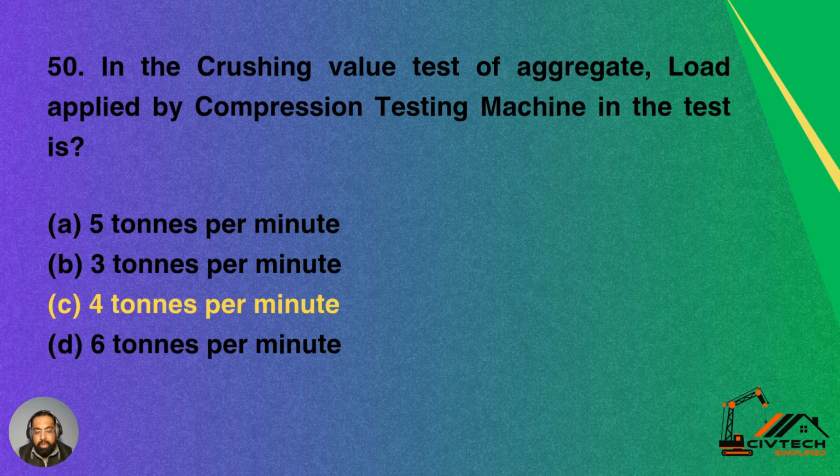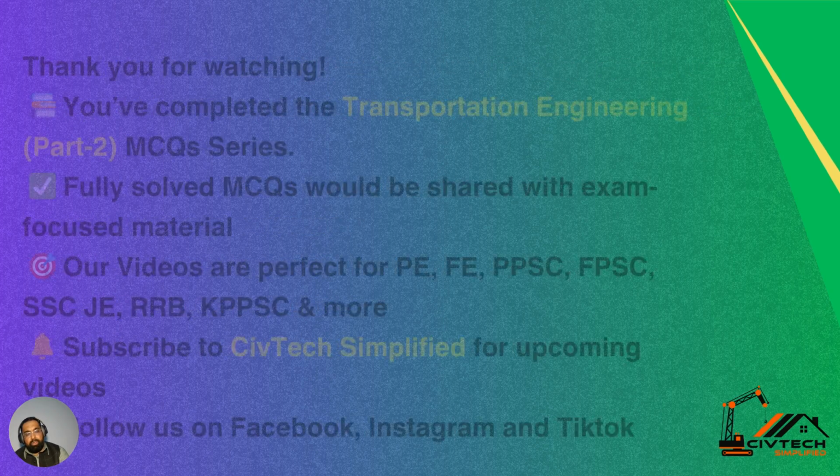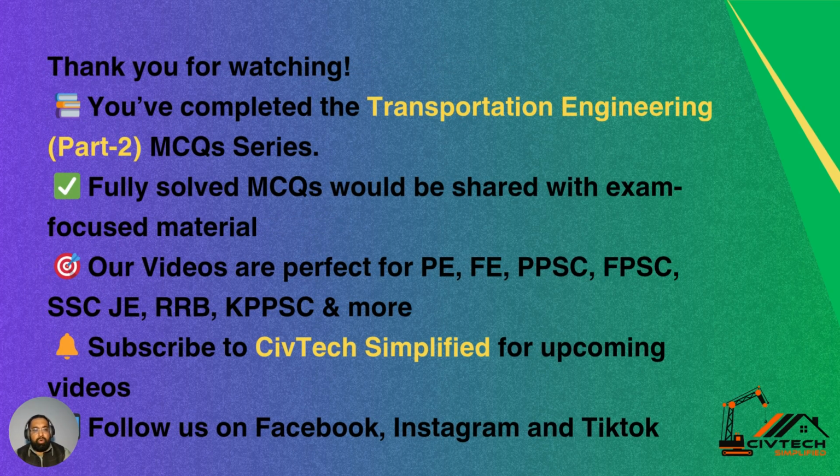So 4 tons per minute is the correct answer. In the crushing value test of aggregate, the load applied by the compression testing machine is 4 tons per minute.